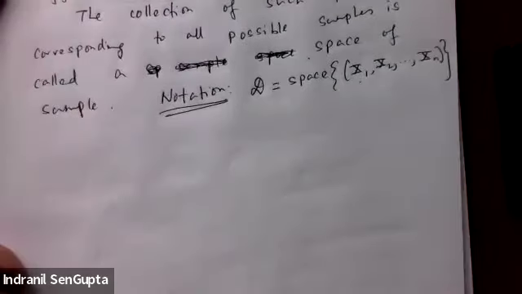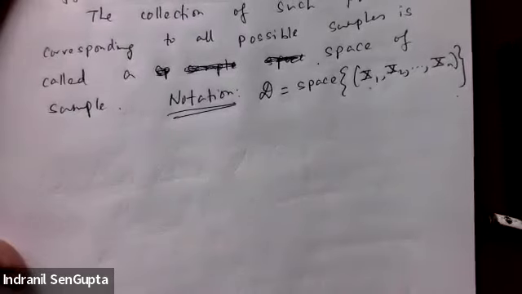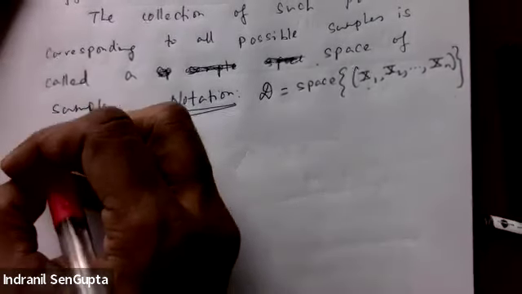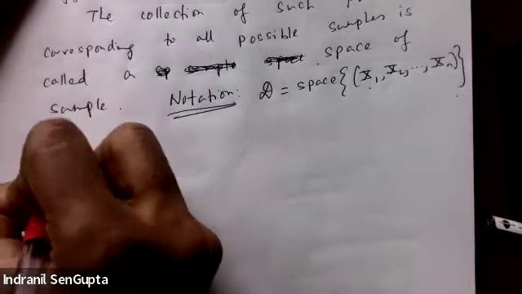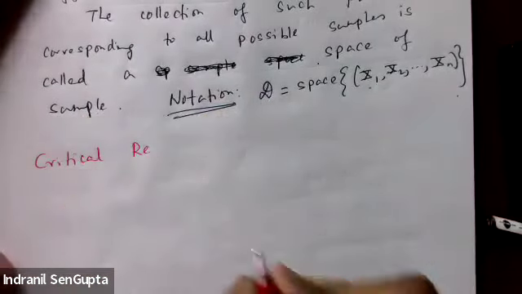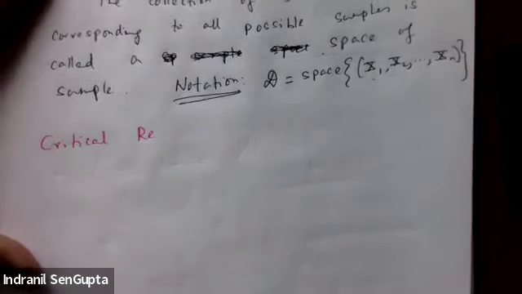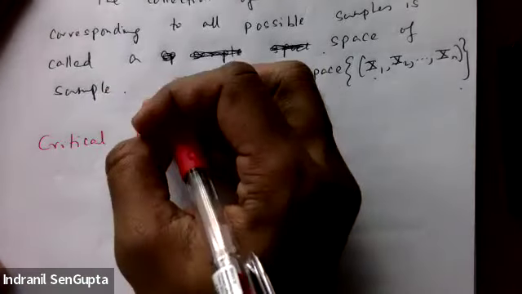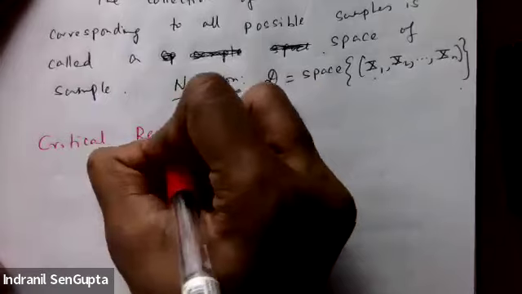Now I'm ready to define the next one, which is called the critical region. Once again, I'm spending much time here defining terms, which will be super useful throughout the course.